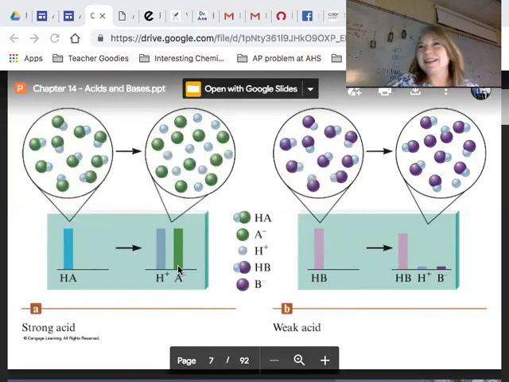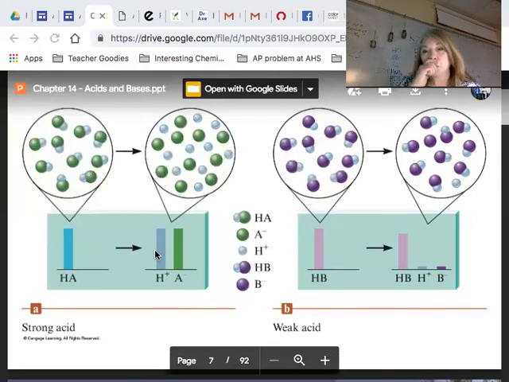HI, yes. HBr, okay. HNO3, all right. H2SO4, and HClO4. There you go. Okay, so also with our strong bases, they do the exact same thing.